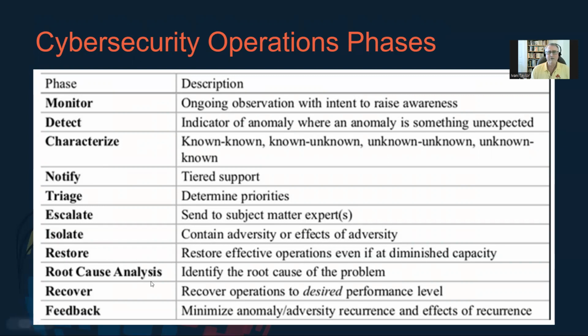And then with root cause analysis, we can recover to the desired performance level. And finally, lessons learned can be fed back into the processes to avoid and withstand a similar attack in the future.